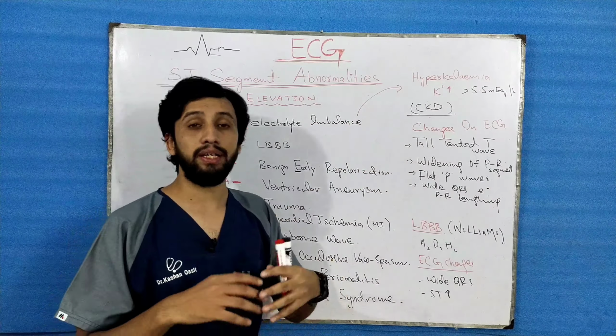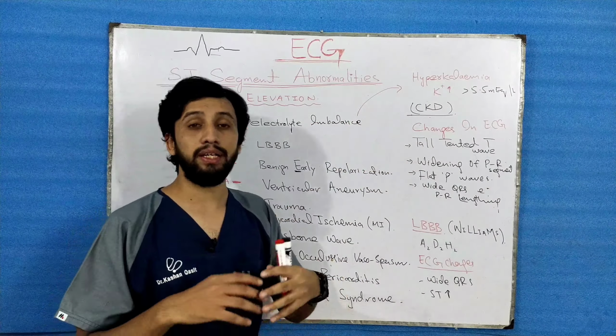There will be changes usually seen on the ECG paper of these patients. But before discussing the ECG changes, I must say there is also some pathophysiology behind it when there is an increased level of potassium in the body.